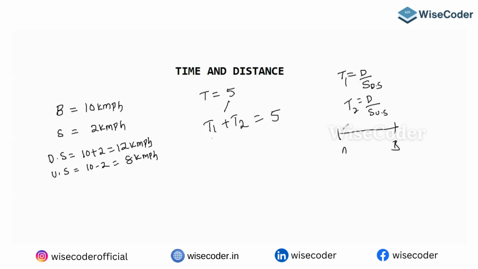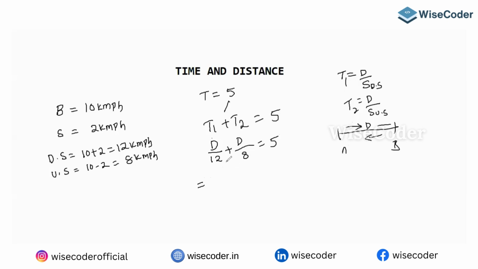This is downstream, this is upstream. How much distance? I don't know. Let's take distance as D, by speed of downstream. What is downstream speed? 12, plus D by upstream speed, which is 8, which is equal to 5.